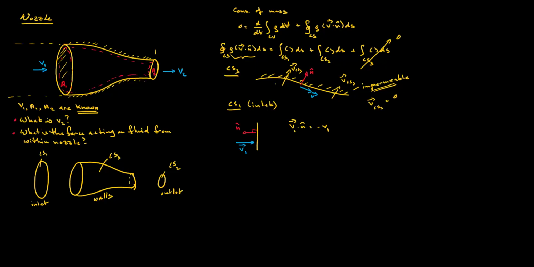So our term here for the integral over control surface 1 of rho v1 dotted with n dS will be equal to negative of the integral over control surface 1 of rho v1 dS.